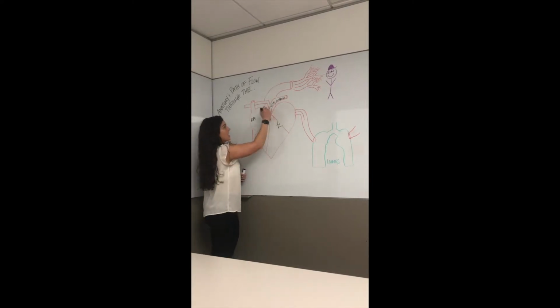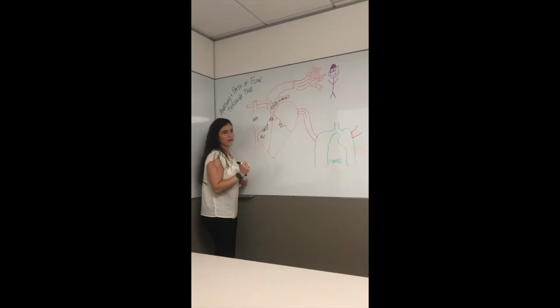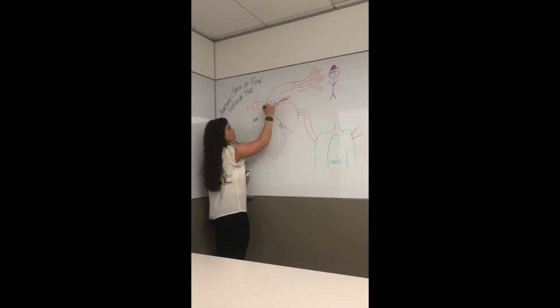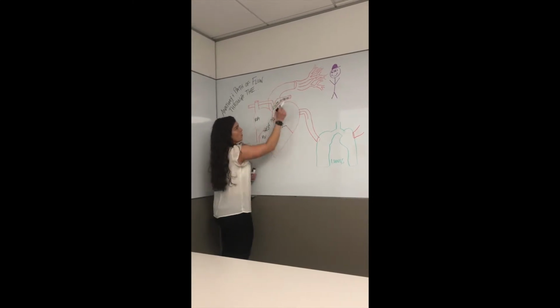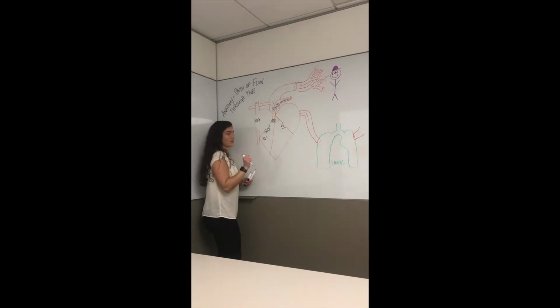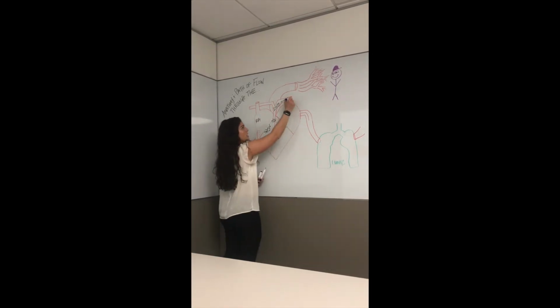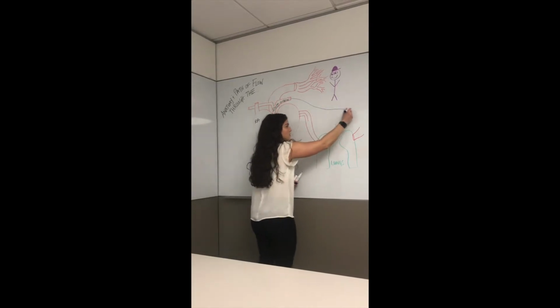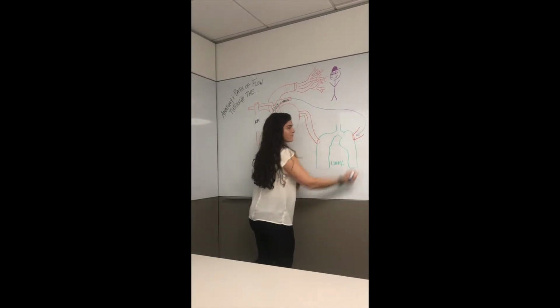As you could guess, pulmonary, we're going to move into the lungs. Mind you, this is deoxygenated blood, which we'll get to in another video, and it is going to move from the pulmonary arteries into the lungs.